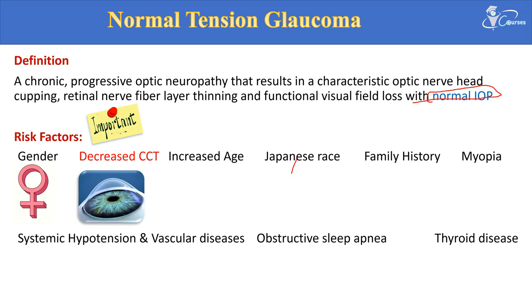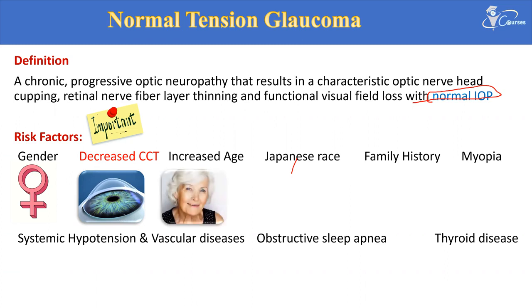Or it is not known if the glaucoma is what's causing the central corneal thinning, maybe because of the effect of the aqueous and vitreous on the ocular coats. This will result in compression of the cornea, decreasing the central corneal thickness. So it is not well understood, but eventually it is correlated. Decreased central corneal thickness is a risk factor for normal tension glaucoma.